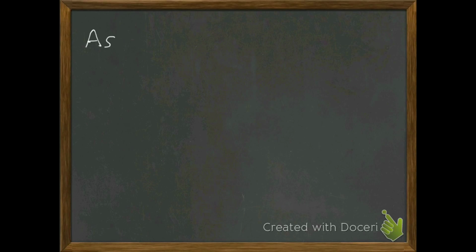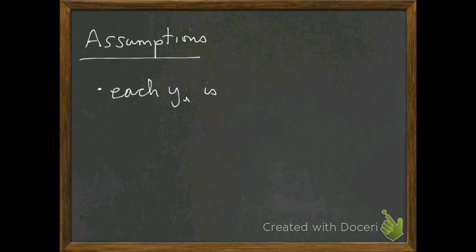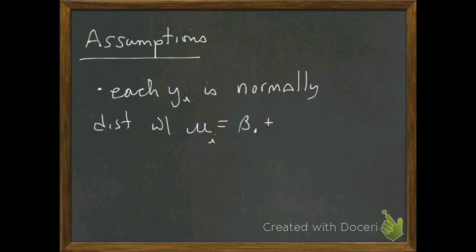Assumptions: we're going to say that each y sub i is normally distributed with mean mu sub i equal to beta 0 plus beta 1 x sub i, and our standard deviation is equal to sigma.